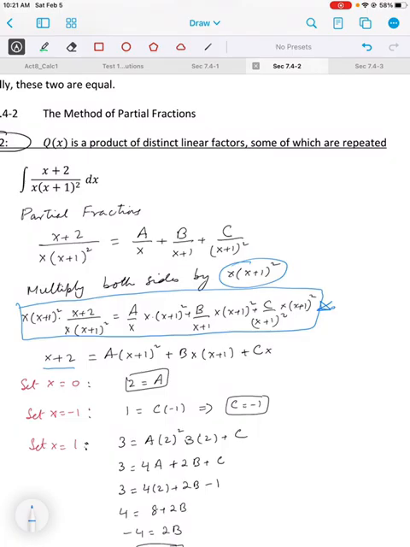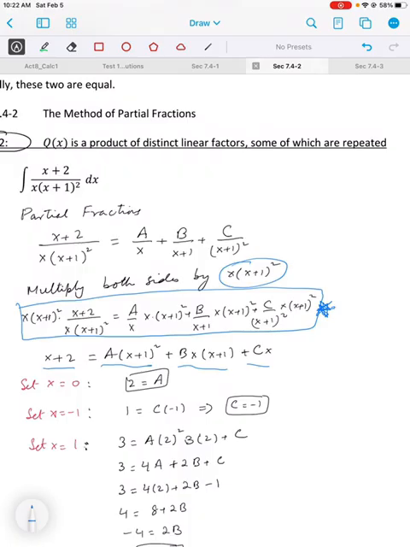When you multiply the A over x term by this factor, the x and x go away and you are left with A times x plus 1 whole squared, plus B times x plus 1, plus C times x. You can skip this middle step only if you are expert at doing this algebra in your head. Otherwise you must write this step so that you don't make a mistake.